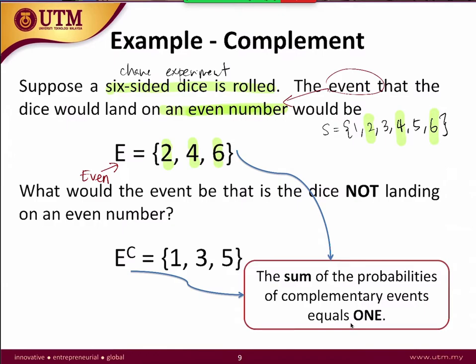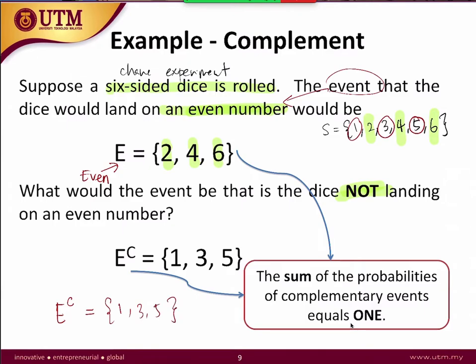Now, what is the possibility if we don't get an even number? The possibility of not getting an even number is getting an odd number. For this one, we use the symbol E complement. We choose the one that is not happening, not an event that we are interested in.